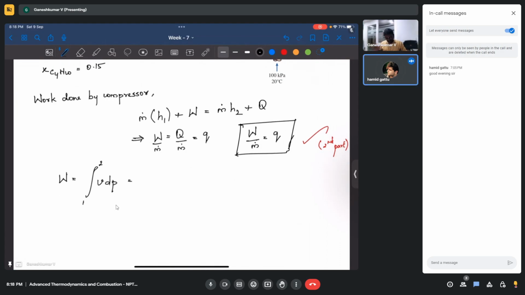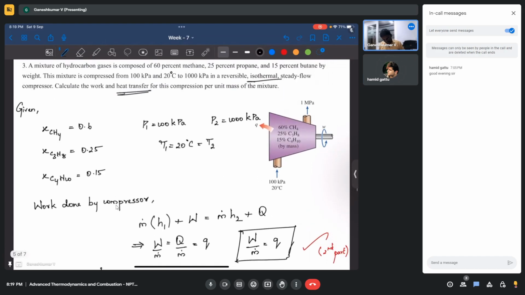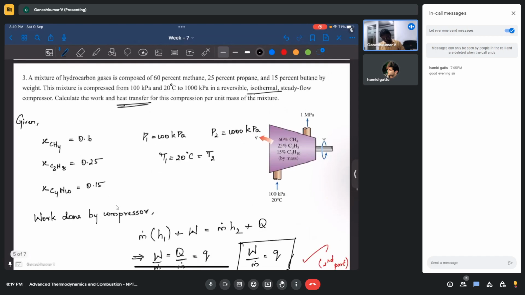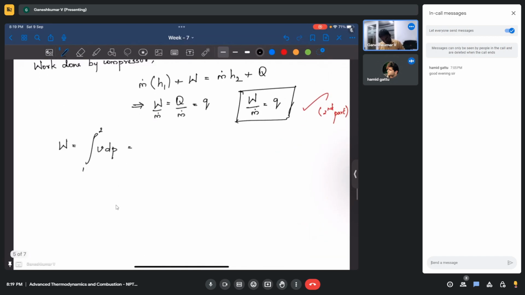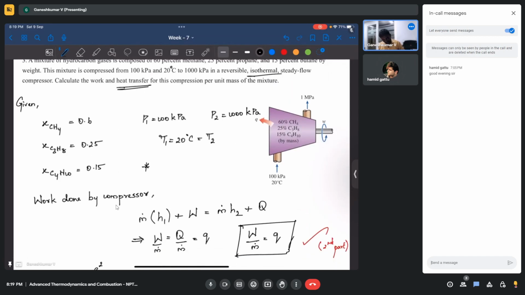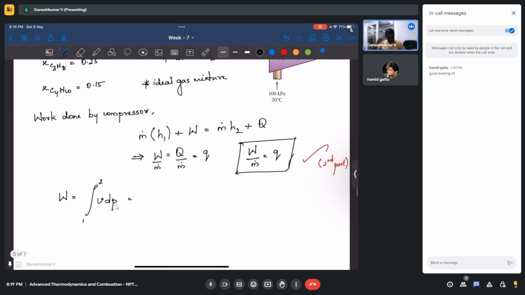Now we have a mixture, so again we'll consider an ideal gas mixture. PV is equal to RT, here in terms of specific volume.